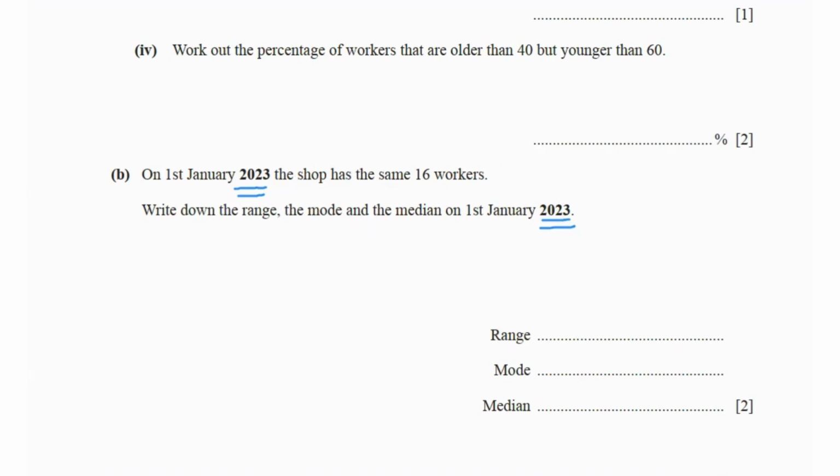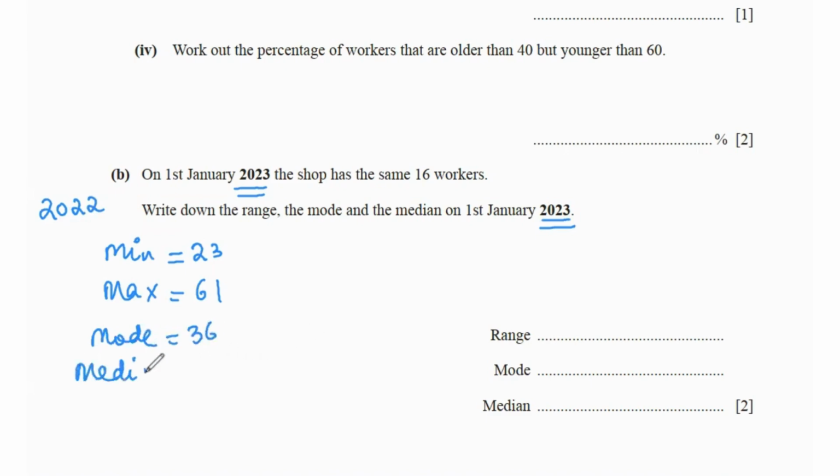So for our minimum value, we had 23. This is for 2022. For our max value, we had 61. Then for our mode, we had 36. And lastly, for our median, we were finding the middle value of 39 and 41.